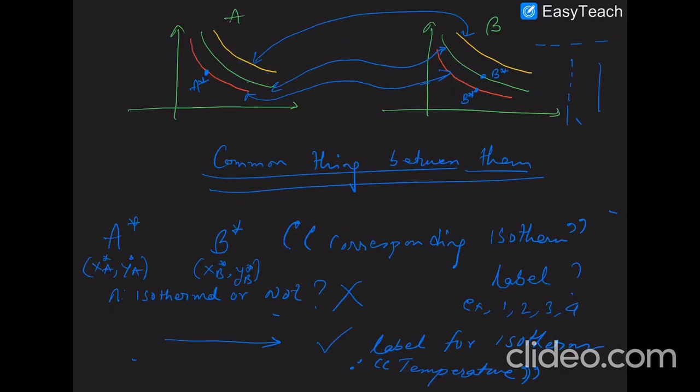But another thing you have to really remember is that the zeroth law never told us about the hierarchy of the temperature, which is high temperature and which is low temperature. It hasn't really shown us that. We have to remember that.